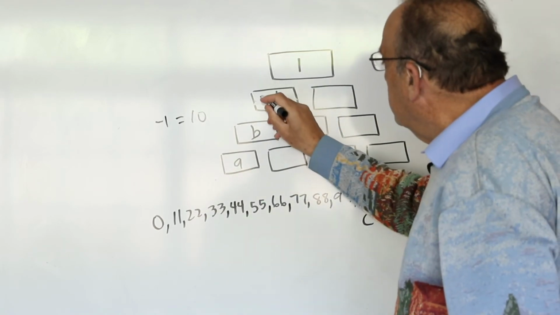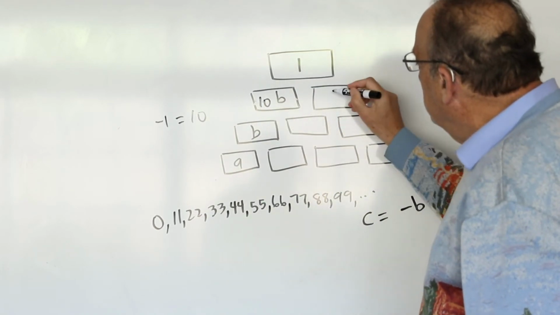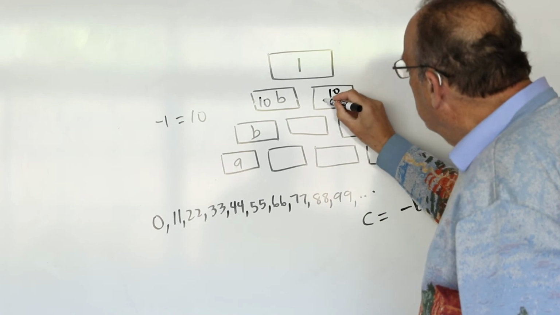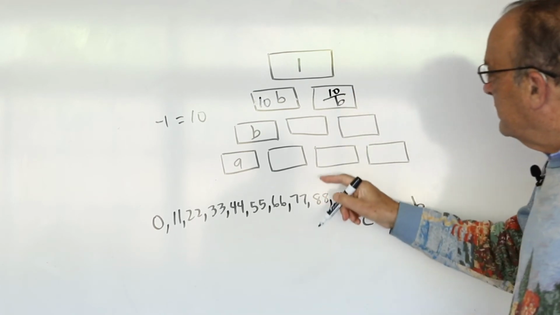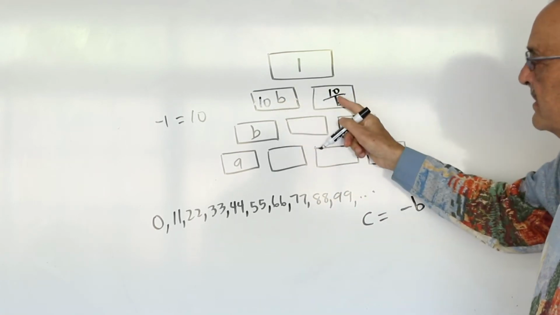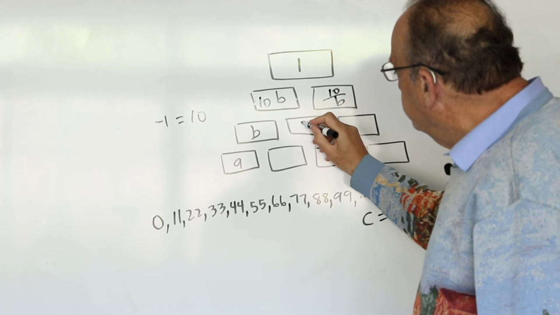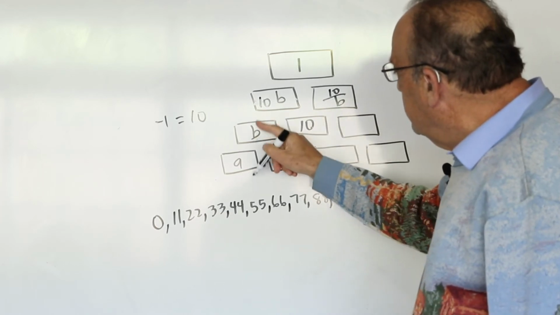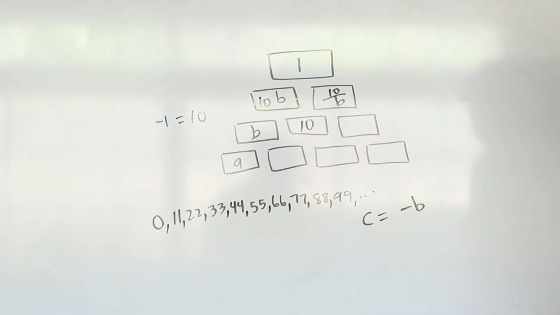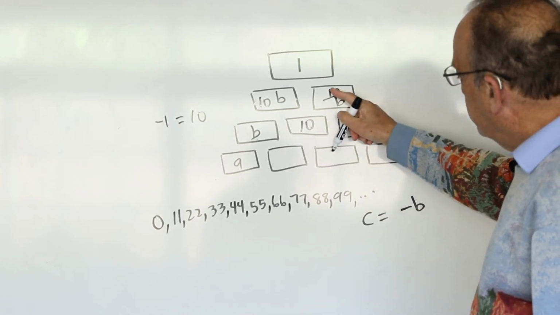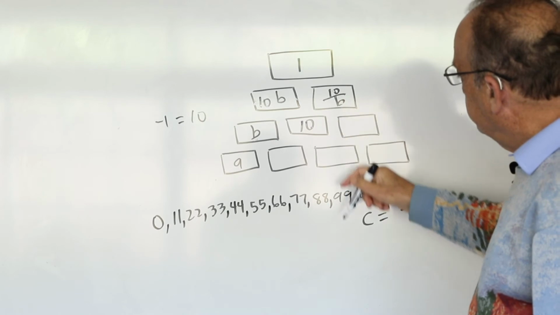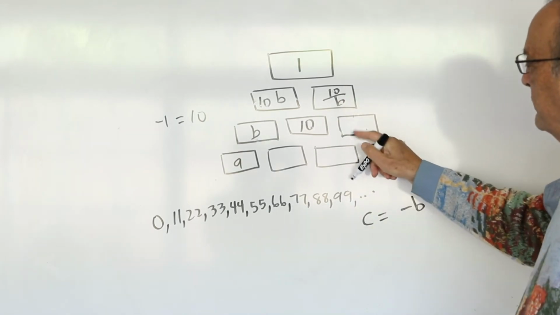We can write 10B, and this would be 10 over B, because then the B's would cancel, and 10 times 10 is 100, take away 99 is 1. So then here we would have 10, because 10 times B is 10B. And then here, the 10 will survive. We have to cancel this B, and this box will be 1 over B.